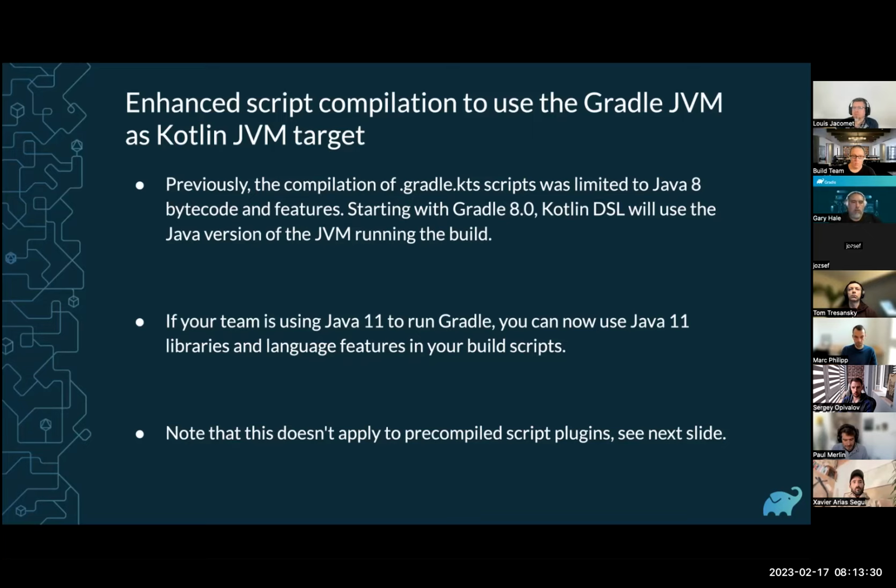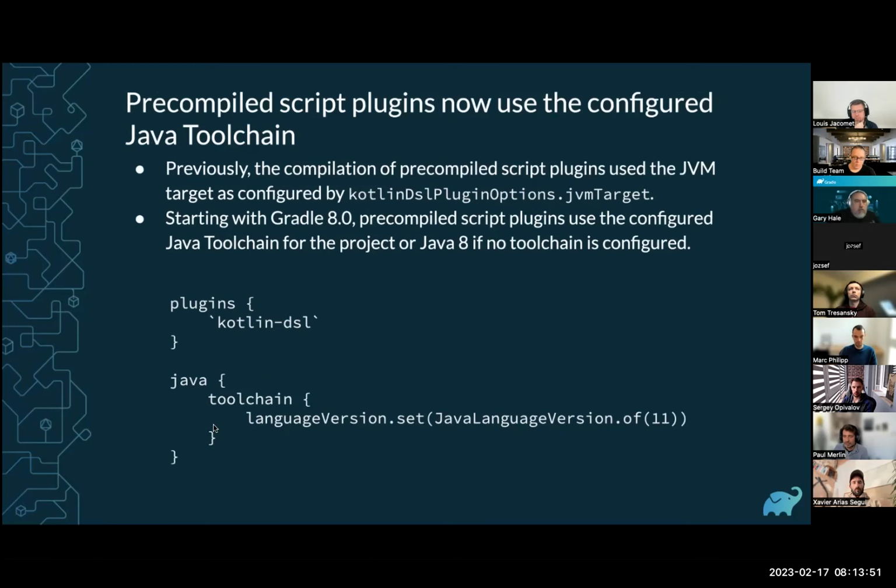And if everybody on your team is using Java 17, say, it means that your build logic can leverage Java 17 only libraries, or Kotlin libraries that were compiled to target Java 17 only, for example. So this is about the standalone scripts, like the settings scripts, init scripts, and the build script.